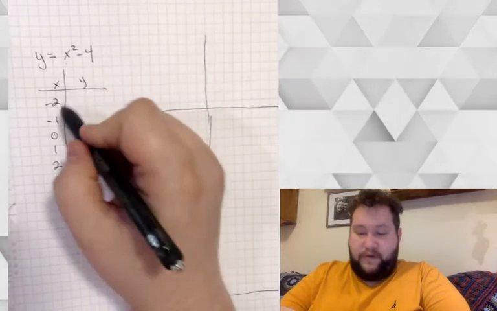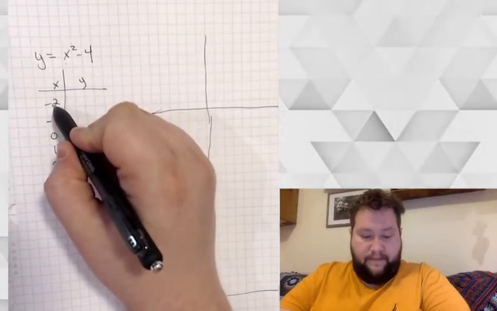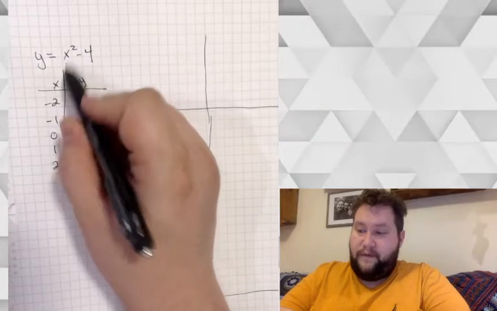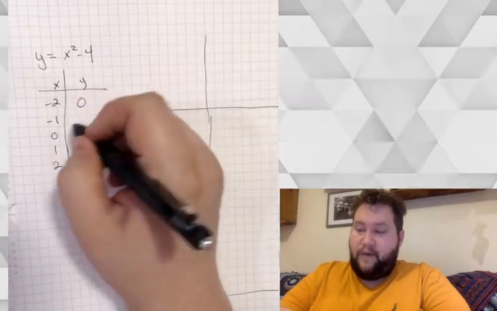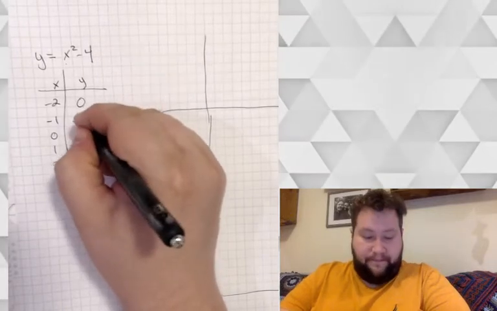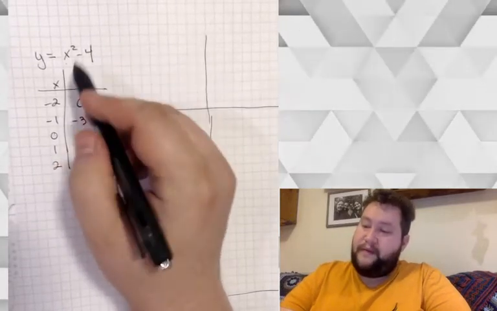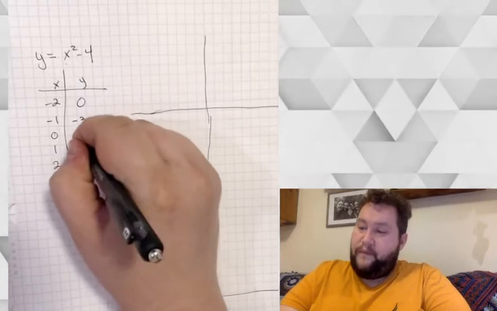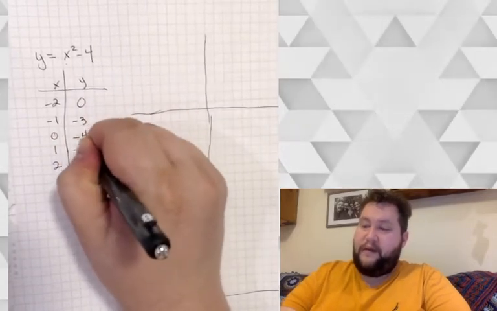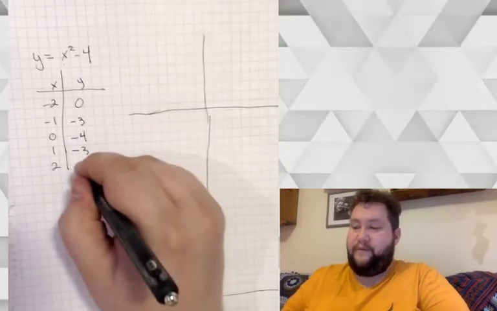So 2 squared is 4, minus 4 is 0. -1 squared is 1 minus 4 is -3. 0 squared minus 4 is -4. 1 squared is 1 minus 4 is -3. And 2 squared minus 4 is 0.